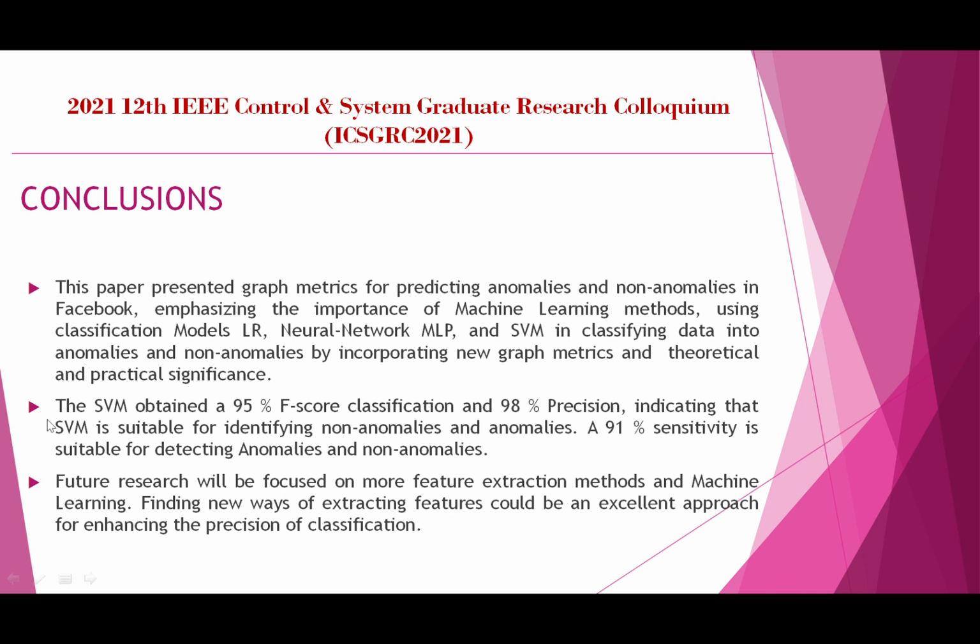The highest findings were with the SVM, with 95% F score in classification and 98% in precision, indicating that the SVM is suitable for identifying non-anomalies and anomalies, and 91% sensitivity, suitable for detecting anomalies.